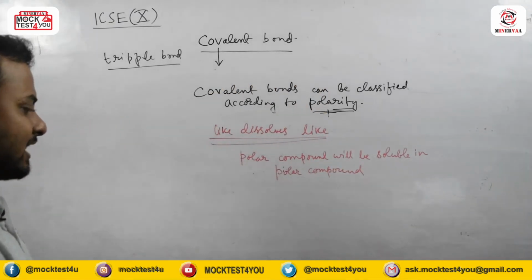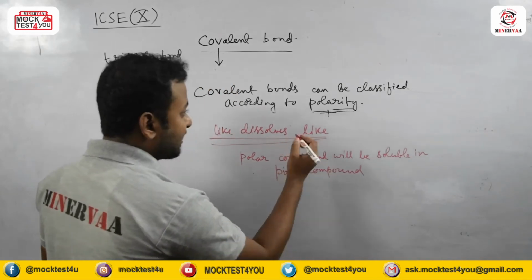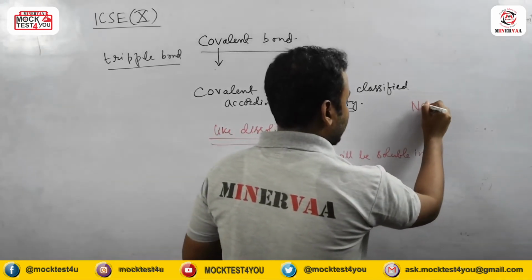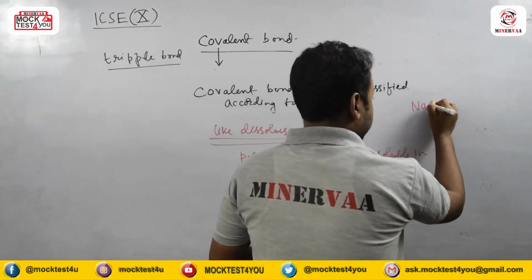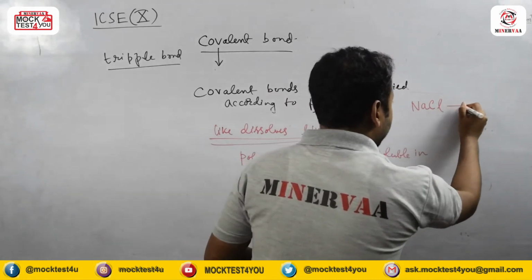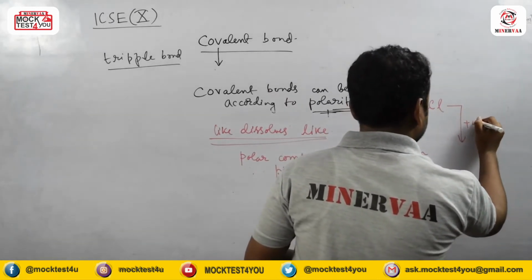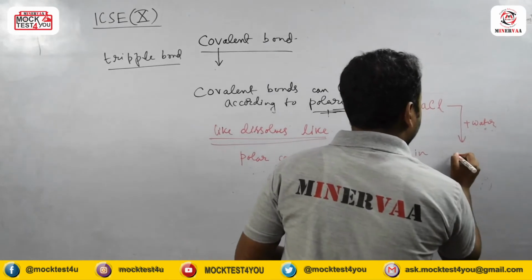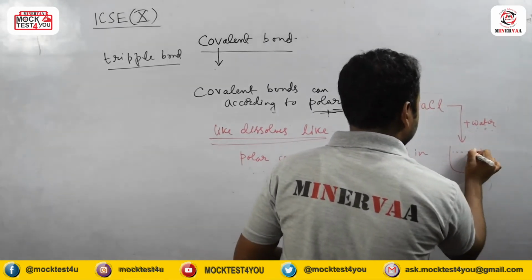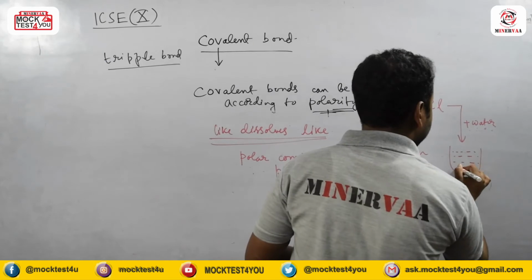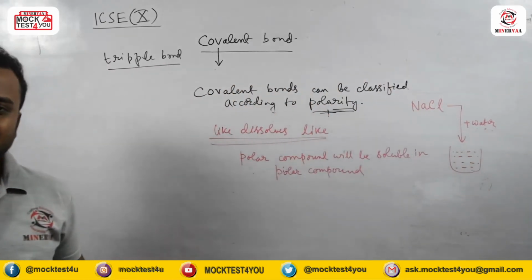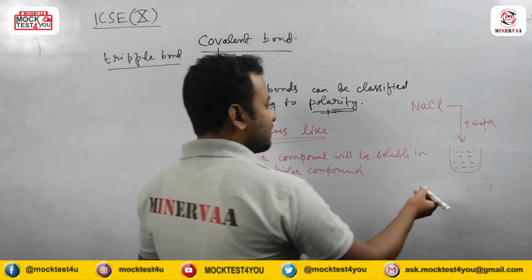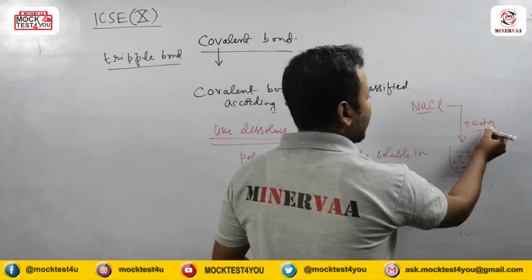We already gave the example of NaCl. When you mix this salt with water, why is it getting mixed? This is also a question, right? There must be a reason behind it. Okay, so what is the reason behind this mixing of NaCl and water?